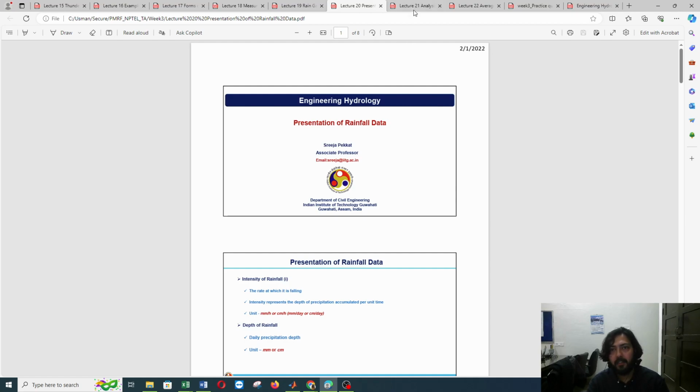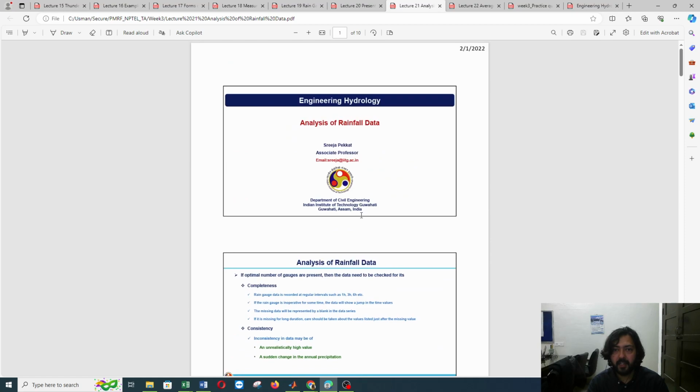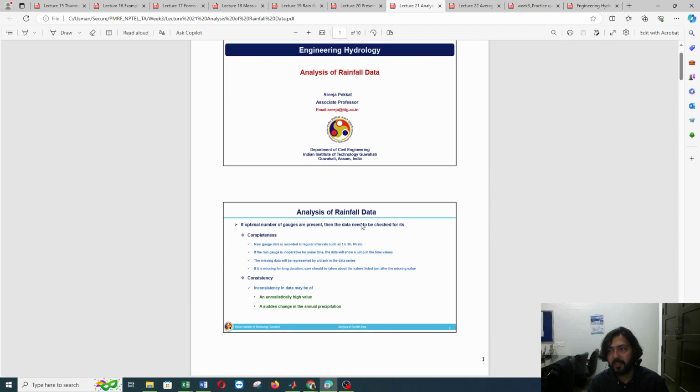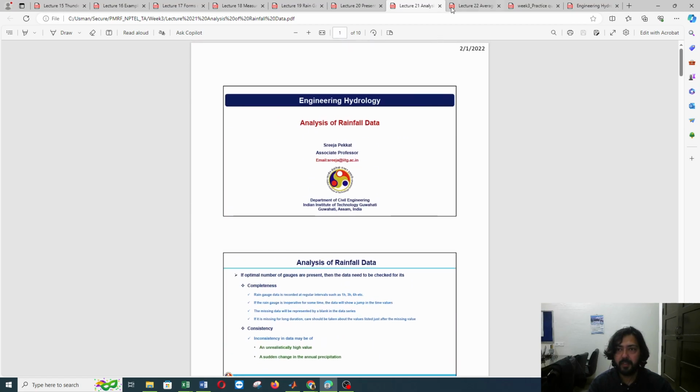Then we talked about analysis of rainfall, like if there is some missing data, how we can account for it. There are different techniques, but in this session we talked about only three: the simple arithmetic average, the normal ratio method, or the inverse distance method. We also saw numericals based on the normal ratio method and the inverse distance square method.